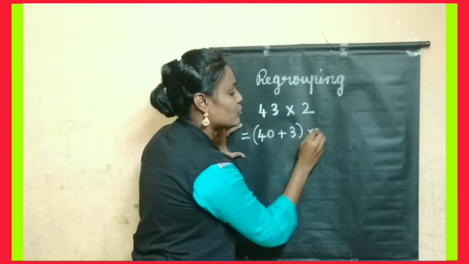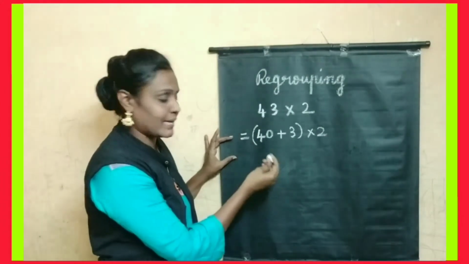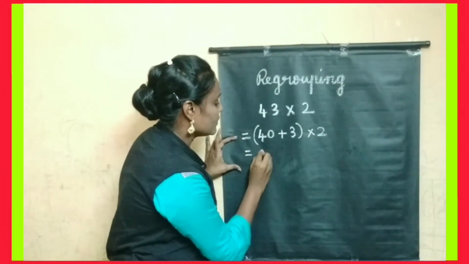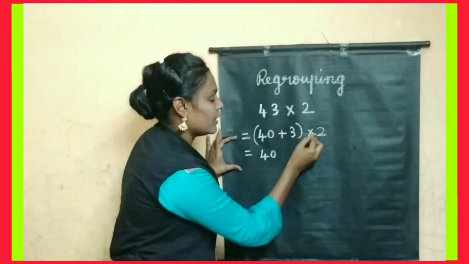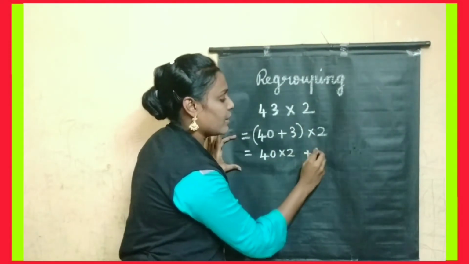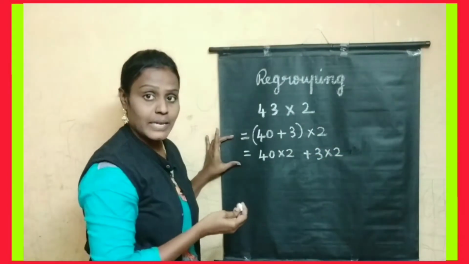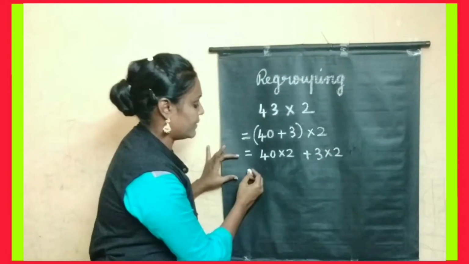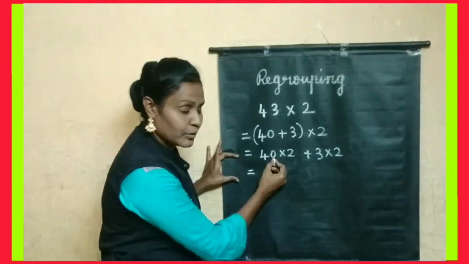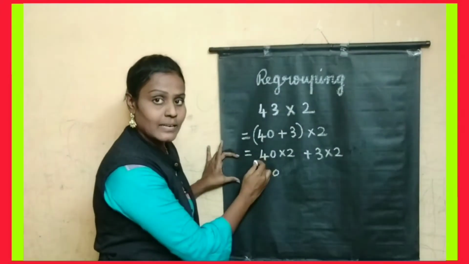Multiply by 2. Next step is we have to separate this. 40 into 2 plus 3 into 2. Next step, we have to multiply this. 0 into 2, yes, 0. 4 twos are 8.